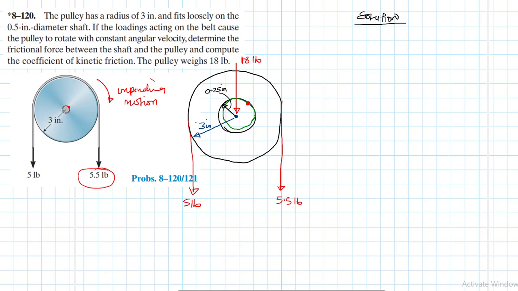Okay, the impending motion in this particular case, as we can see, the point of contact is to the right. Moreover, the force on one belt is higher than the other one, as you can see here. Therefore, we'll have impending motion in this direction like that, right? So even here the impending motion is going to be in this direction.